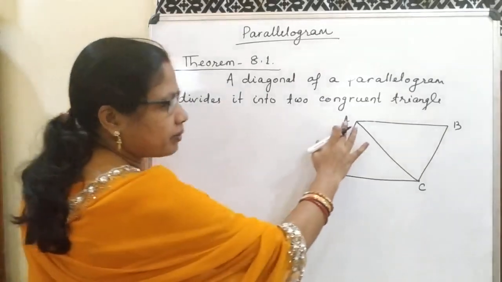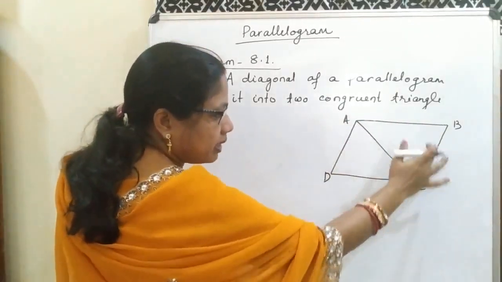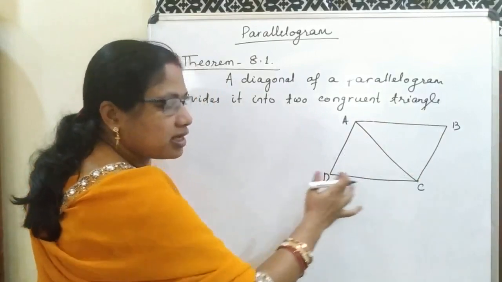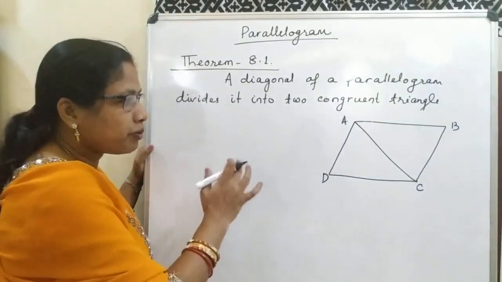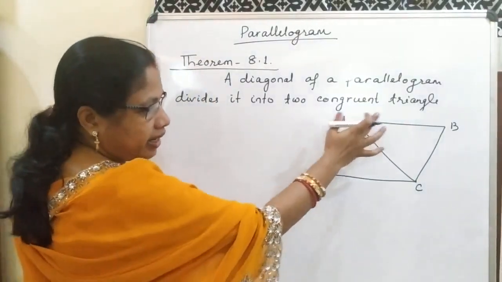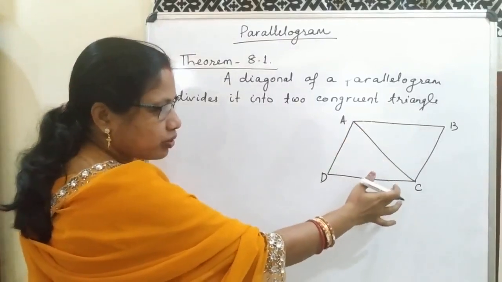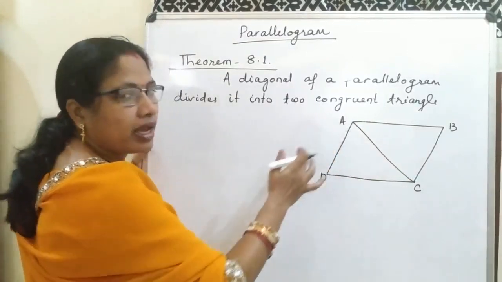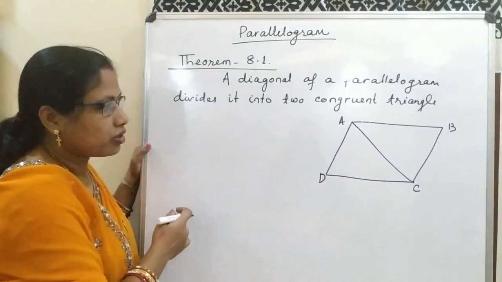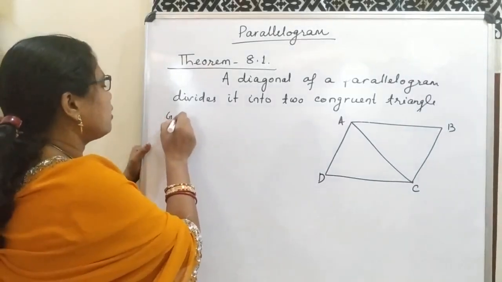So here I have drawn the parallelogram ABCD and AC is the diagonal. We have to prove the triangle ABC is congruent to triangle CDA. So let us prove this theorem. What is given here?